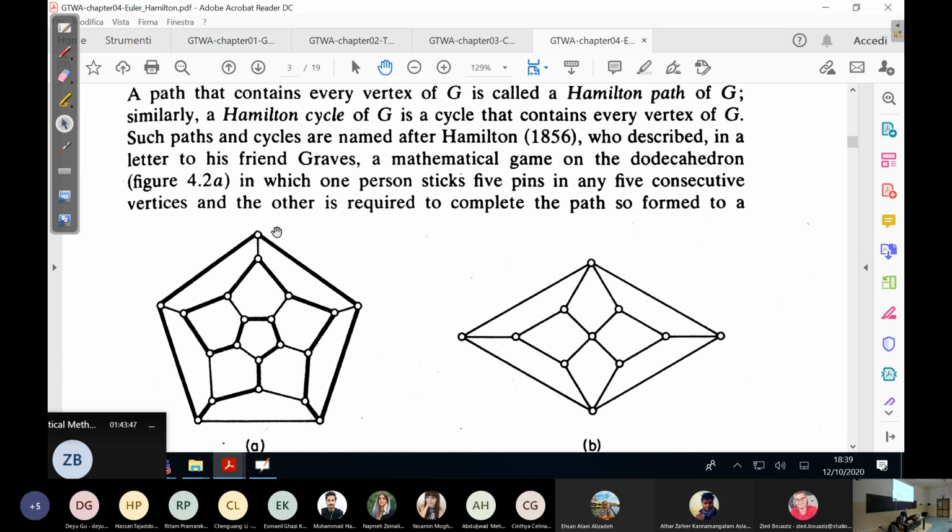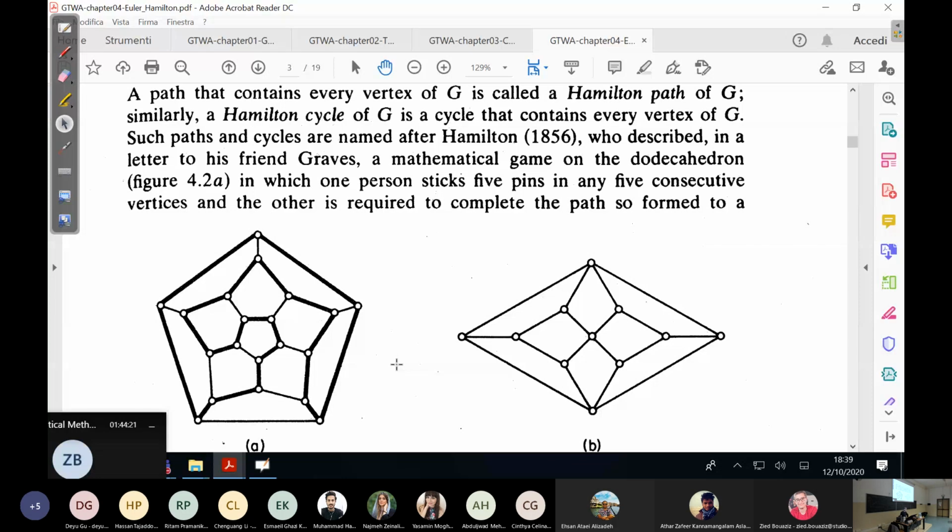It was too easy. This is the schema of the edges of a particular polyhedron, which is called dodecahedron. The idea was to go from one vertex, coming back to the same vertex by touching every vertex exactly once.